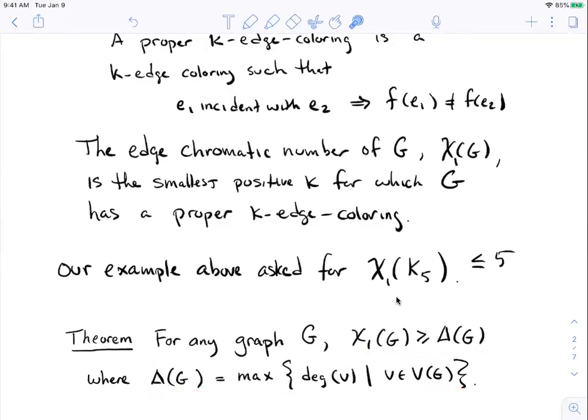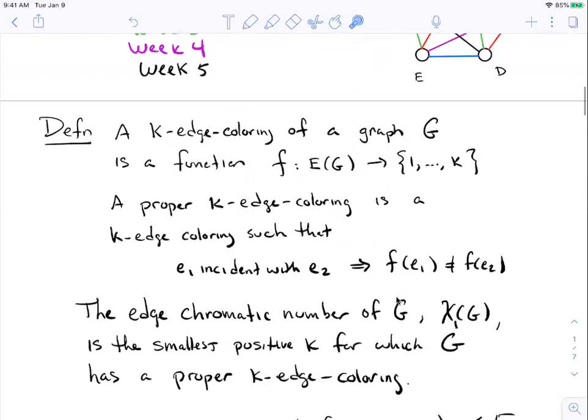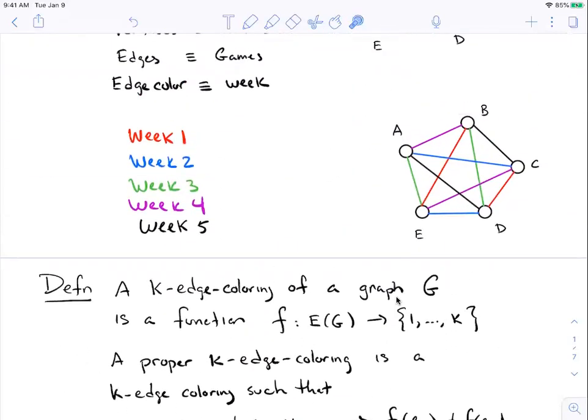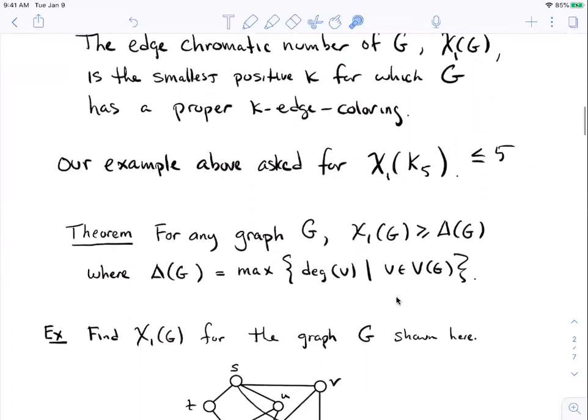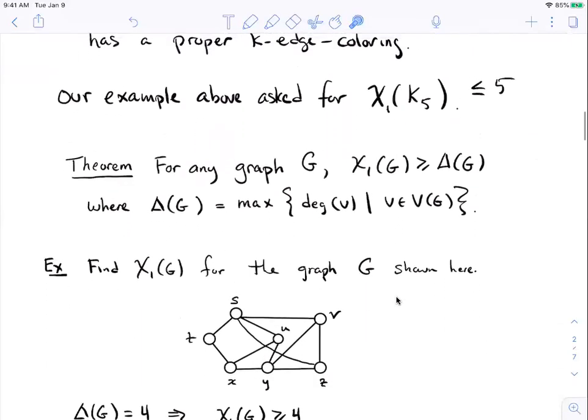So you're never going to properly edge color a graph with fewer colors than the max degree of a vertex. In our K5 example, delta of G was equal to 4. So it's conceivable that you could 4 color that graph, but you certainly couldn't 3 edge color it or 2 edge color it, because you have a vertex with 4 edges incident to it, so you need at least 4 colors. That's all this theorem says. I'm just going to put it in the realm of obviousness.